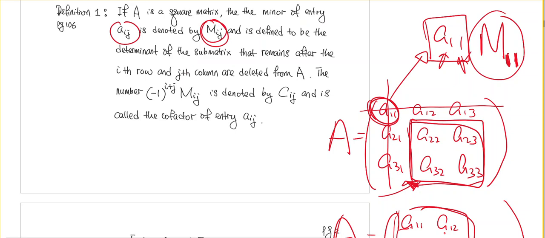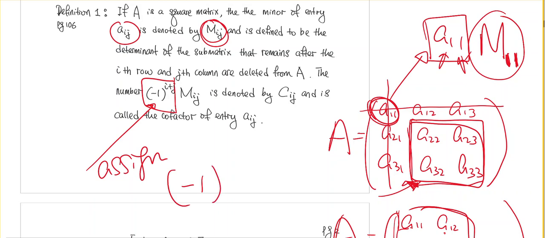Now, if you assign a sign to this Mij, every time you have Mij, you have to determine whether you're going to assign a positive value or a negative value to it. Precisely, you assign the positive or negative to the minor according to this formula.